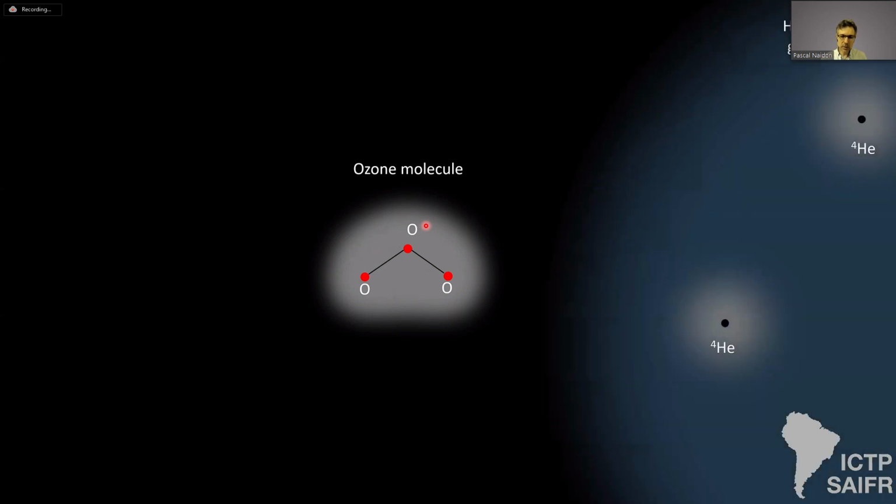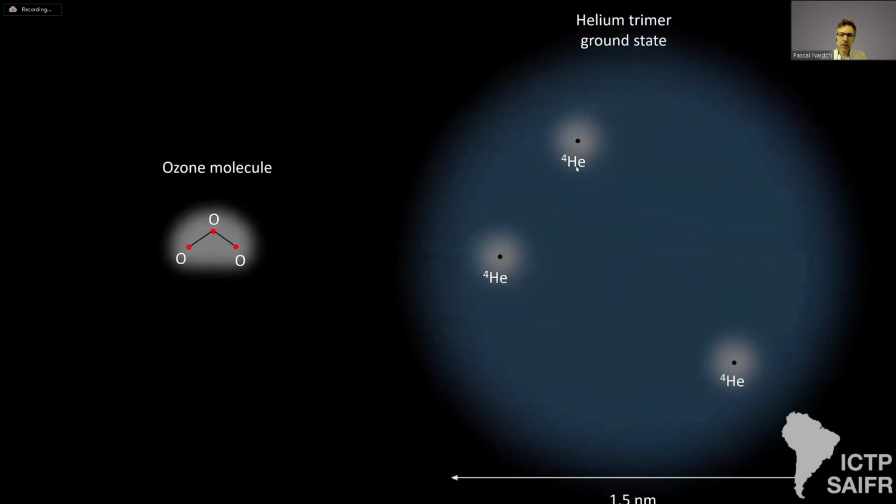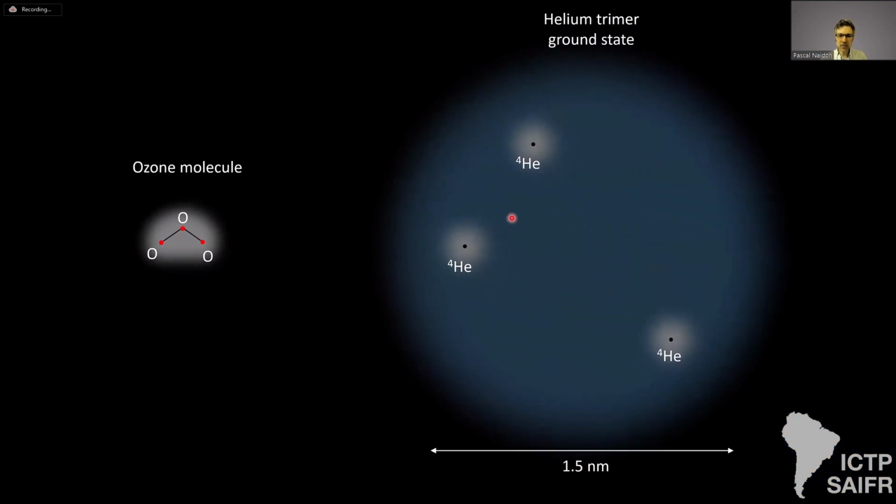Now, if we compare with the ground state of the helium trimer, it looks like this. Another thing I should have mentioned is that the atoms essentially touch each other such that the electronic clouds of these atoms merge together to form an electronic cloud around the whole molecule.